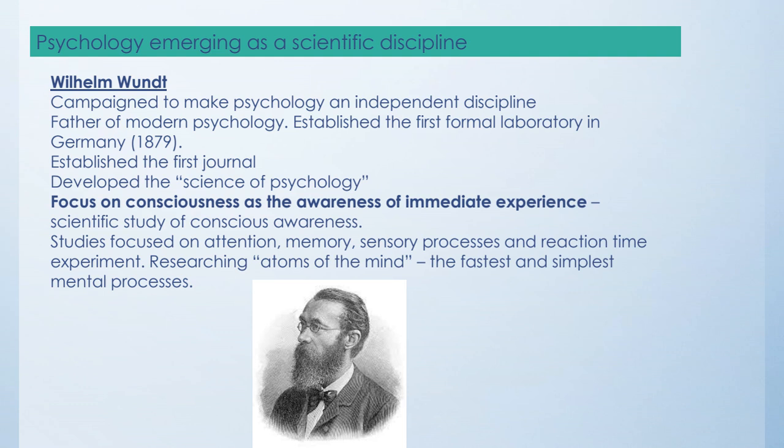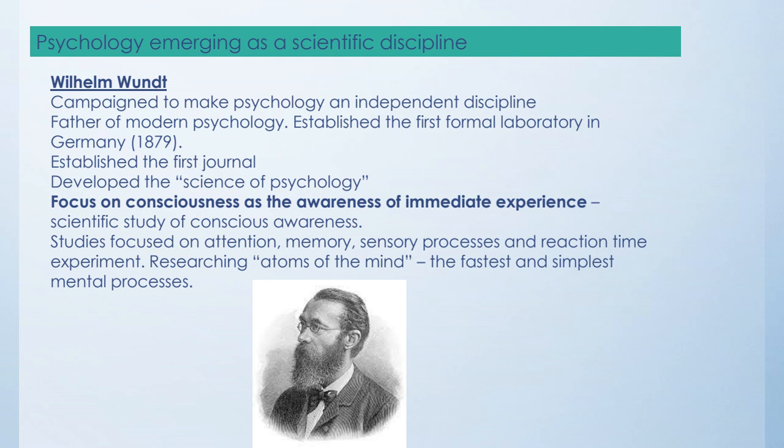So let's unpack a little bit around some of these key stages in the historical development of psychology. So we said that psychology is a scientific discipline, but at what point did it become a scientific discipline? And it really started with a gentleman called Wilhelm Wundt.